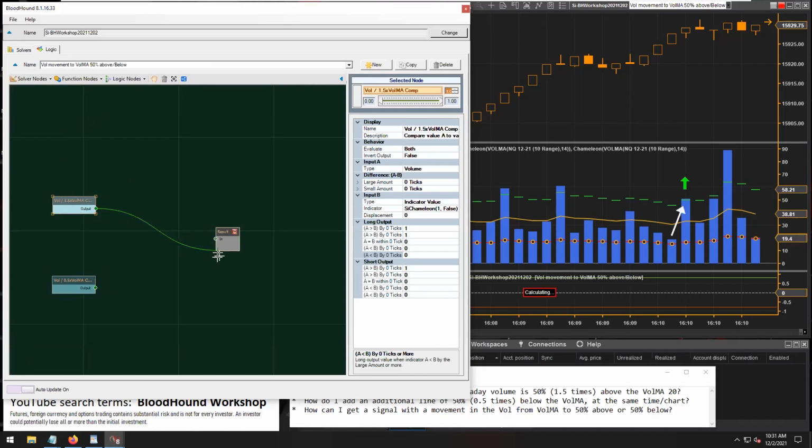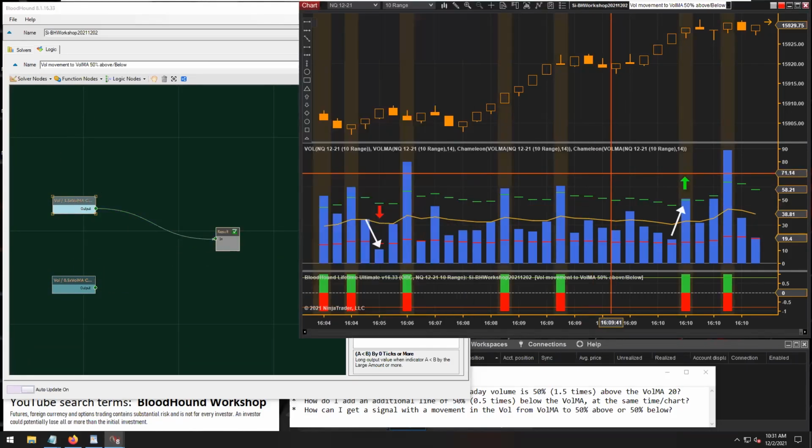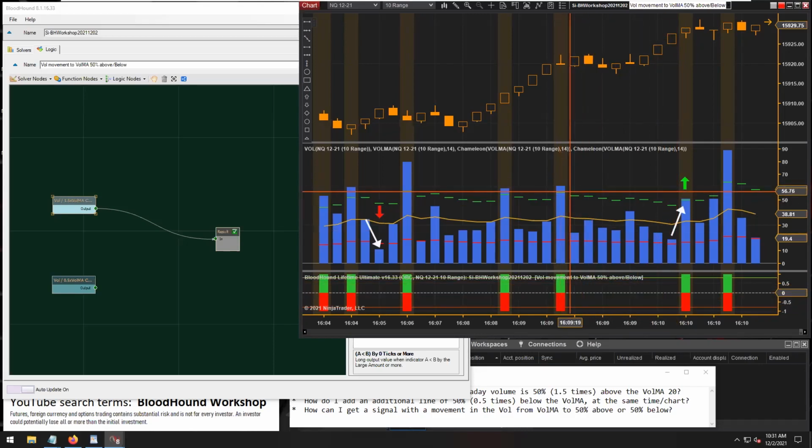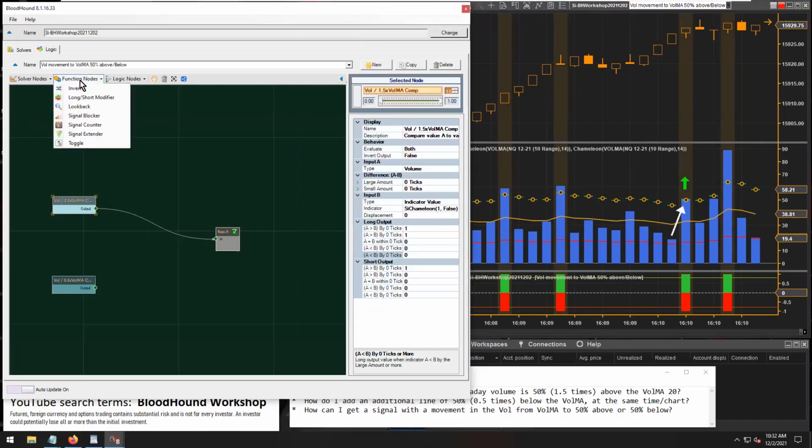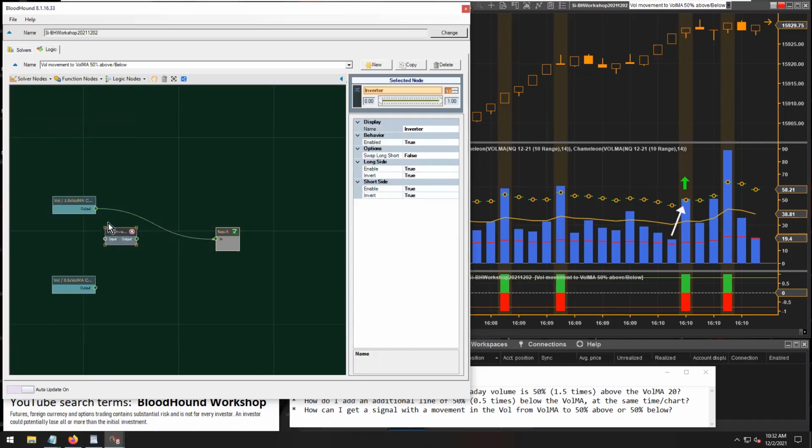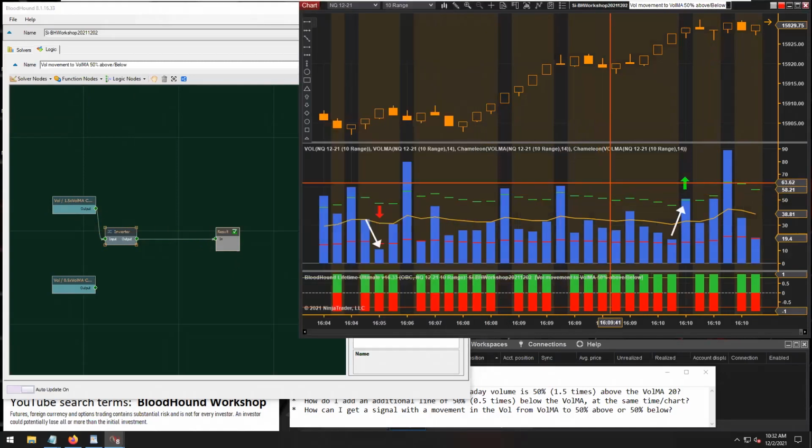So what we want to identify is the bars that have no output. We want to identify when the volume is below the 150%, when there's no volume there. To do that, we can simply take an inverter, plug that in, and there we go.